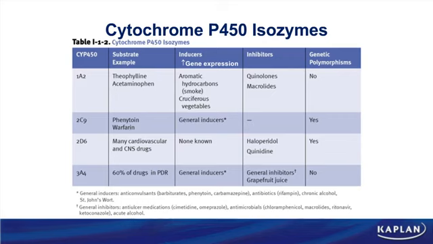Let's take an example. If you smoke cigarettes, there are hydrocarbons in cigarette smoke called benzopyrenes. Benzopyrenes are P450 inducers. What I'm saying is this: if you're a smoker, because of those hydrocarbons, you're going to have more 1A2 enzymes compared to a non-smoker.